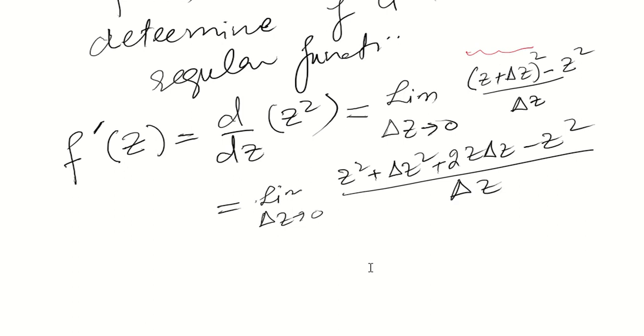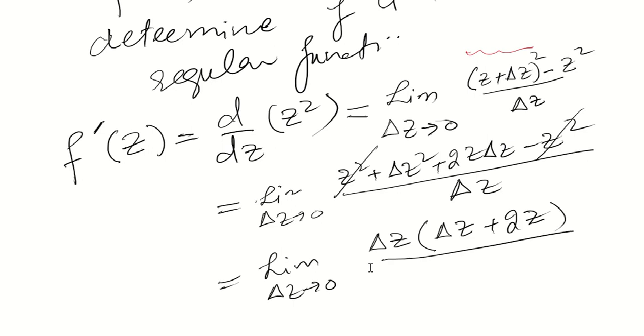The z squared cancels with minus z squared. We take delta z common from the top, so we get delta z plus 2z, and from the denominator we cancel these two terms, and now we apply the limit.